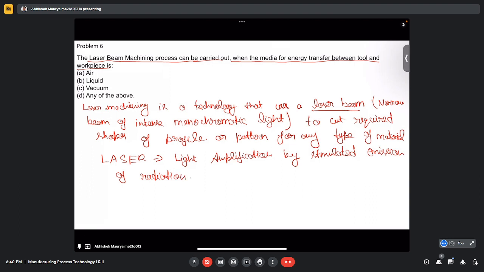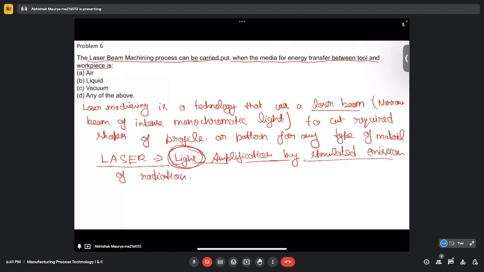So this is actually very special light. It is not an ordinary light, as the word light is already coming. Okay, so what happens here? We have intense monochromatic light. How it is generated, we will discuss briefly.